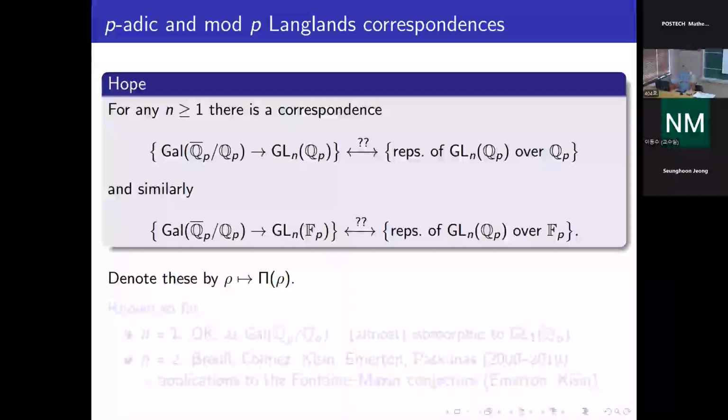Maybe if there are too many groups and fields floating around, just keep in mind we always have two fields. There's the field of coefficients, so there's Qp. Here we kind of conflate the two, but maybe the second line is better. We have Fp coefficients, they are the same on both sides. We have Fp vector spaces on both sides. And then we have a p-adic Galois group and a p-adic group.